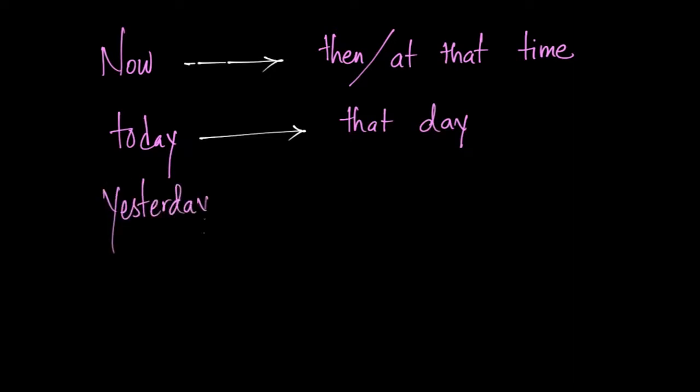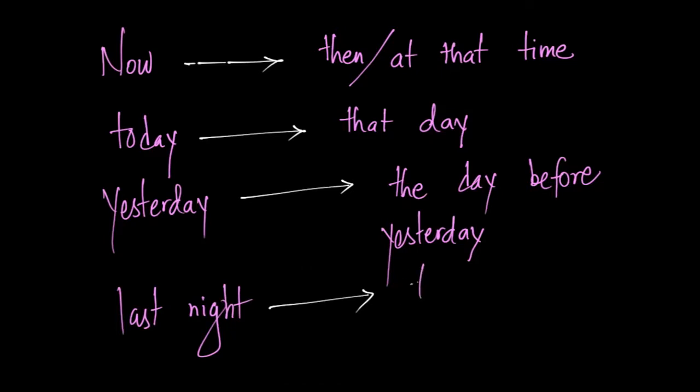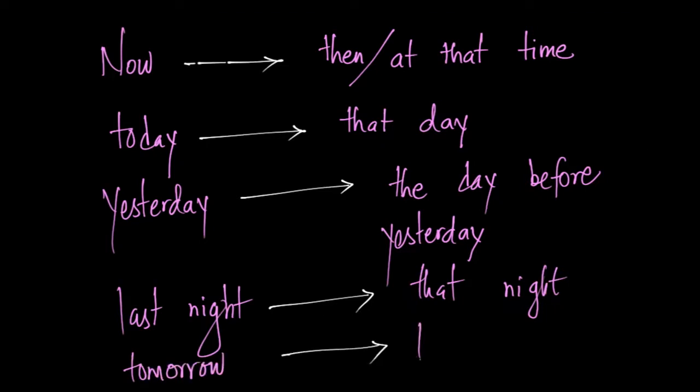Yesterday it changed into the day before yesterday, or we can say the day before or the previous day. Last night it changed into that night. How about tomorrow? Tomorrow it changed into the next day or the following day or today. Ta-da! These are some conversions.